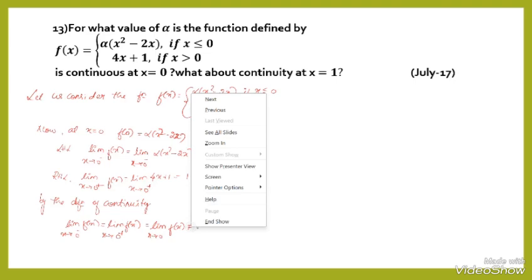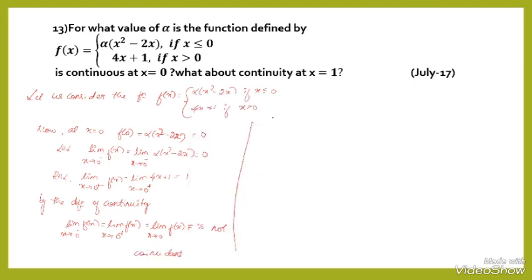Therefore, it is not continuous at x equals 0, because the left hand limit, right hand limit and the function value are not equal.